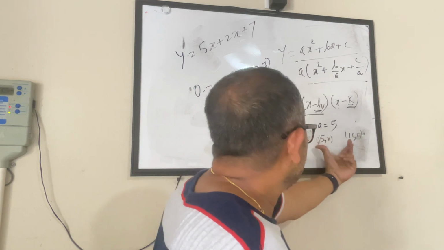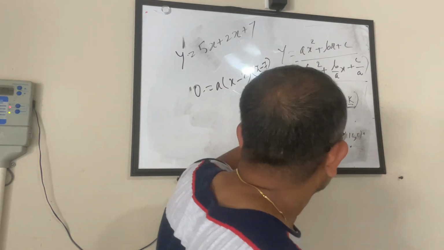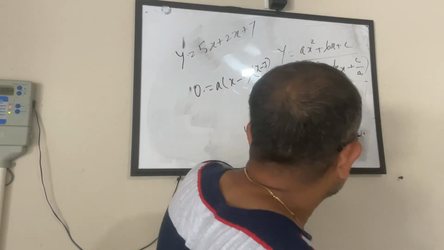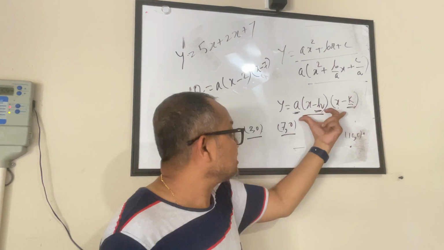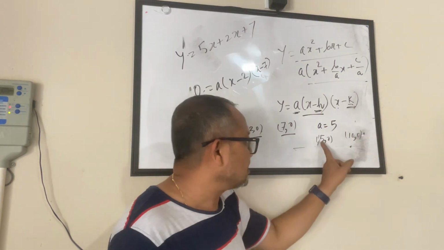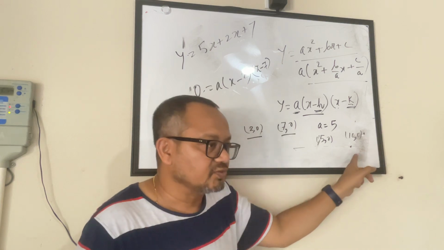You can just use this to find out the value of a, and then you will be able to find out the equation. Your standard equation is this, where h and k are nothing but the x coordinates of the 2 points.